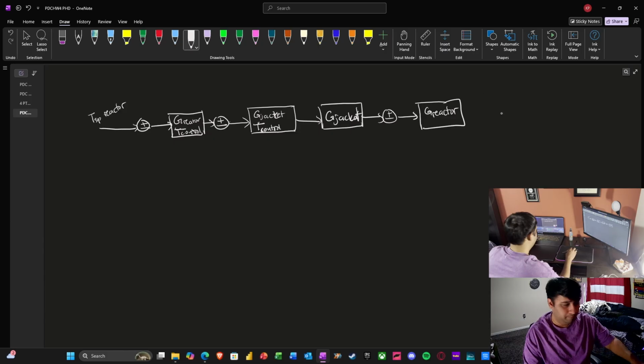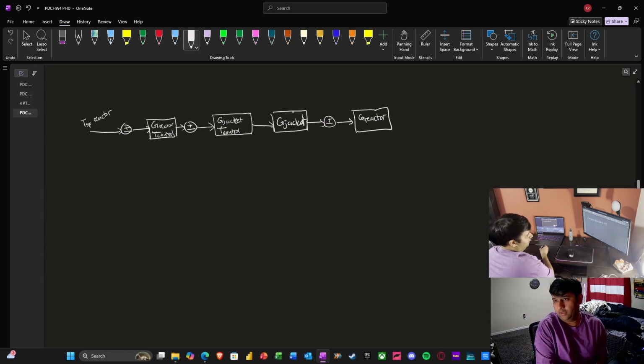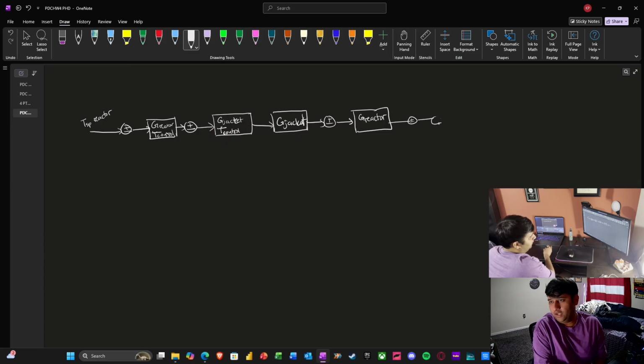And then before we can output the temperature of the reactor, we're going to have 3 separate controllers here before we can reach that reactor.